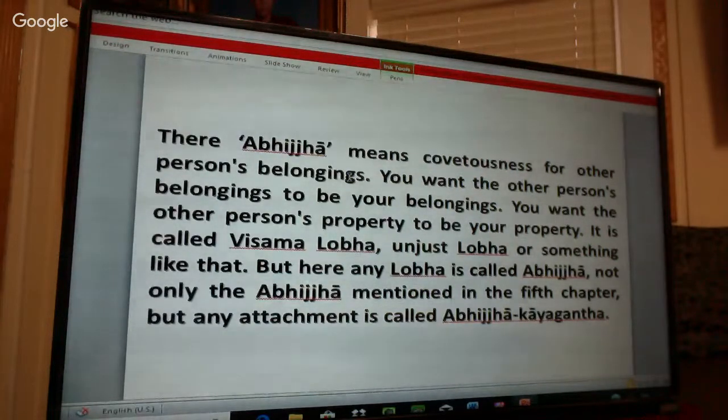We say abhijjha here. So it is the same word usage but a different meaning, because the combination is different.